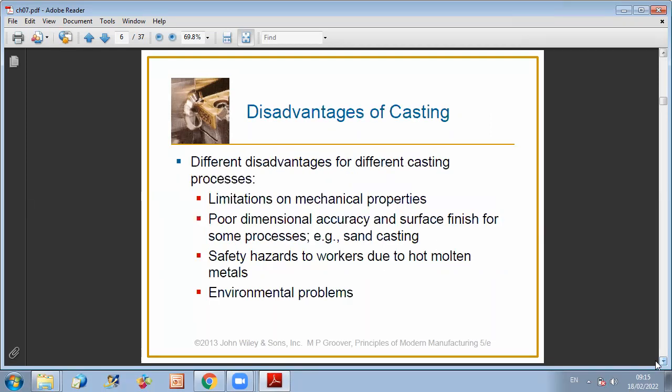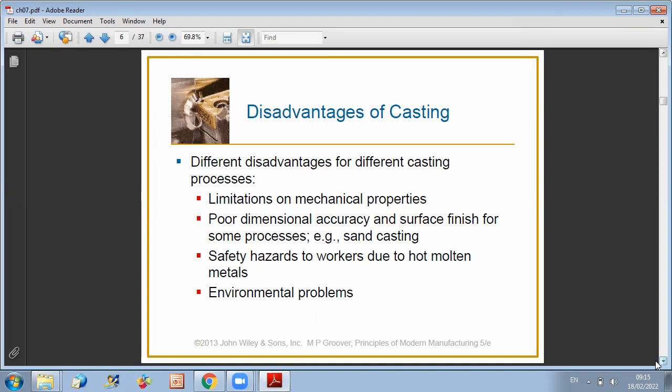Now, on the other hand, casting presents several disadvantages. To start with, we have some limitation on the mechanical properties of the final product. We'll see why when we go through the detail of the process. We already talked about the accuracy.